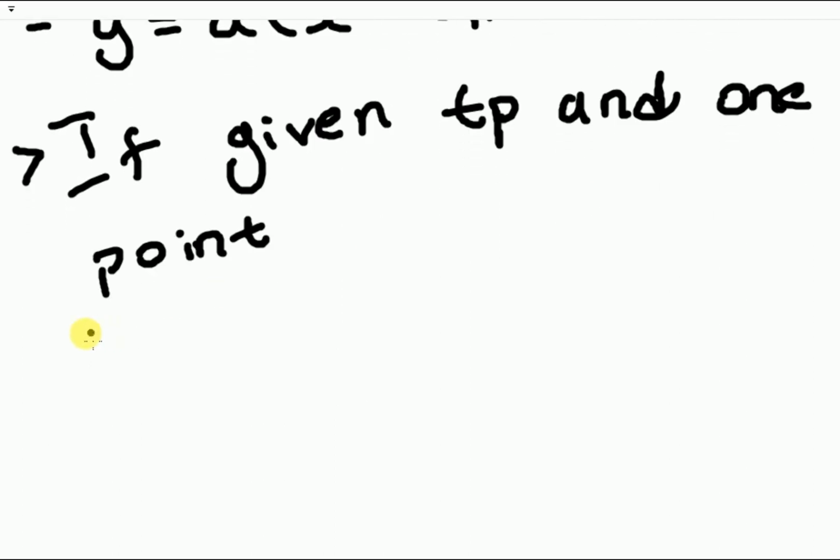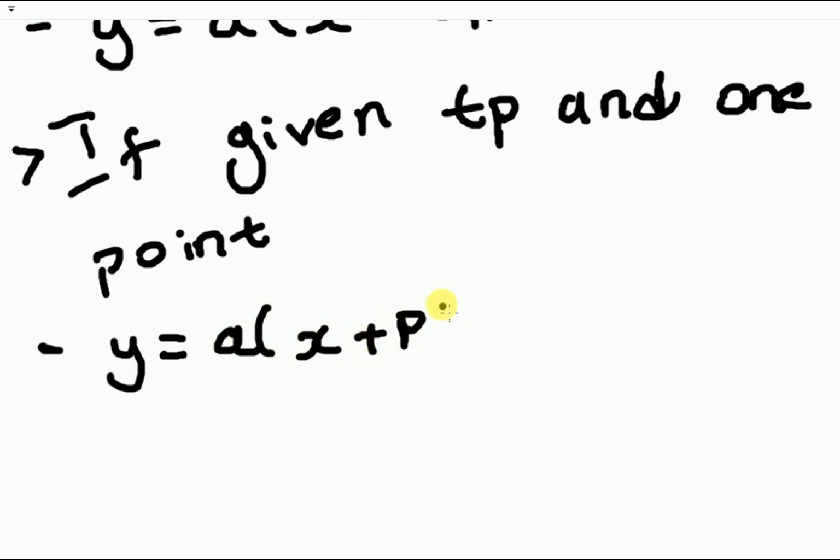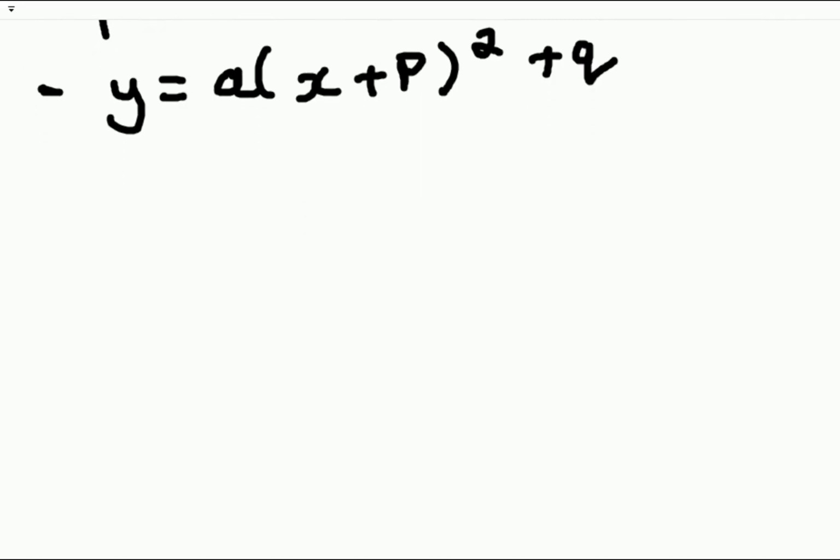This is the second method. The formula that you need to use in this one is y equals a open bracket x plus p, all squared, plus q. So p and q are the coordinates of our turning point.